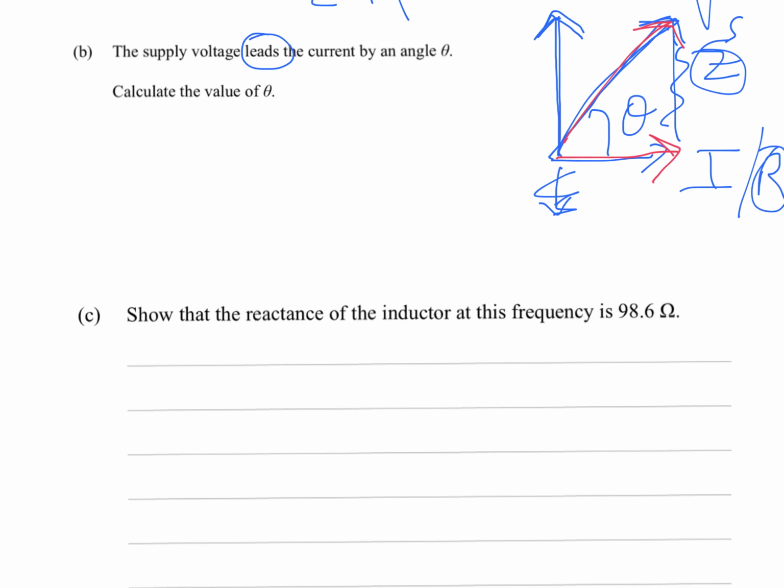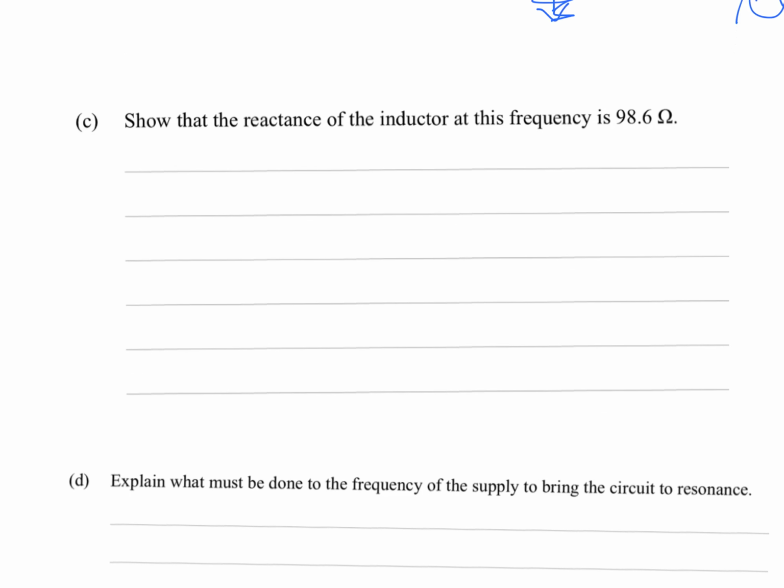C, show that the reactance of the inductor at this frequency, so we're after XL, at this frequency is 98.6 ohms. Now we don't know the inductance, so we don't have that L value to be able to just do a calculation 2 pi fL, so we can't use that.